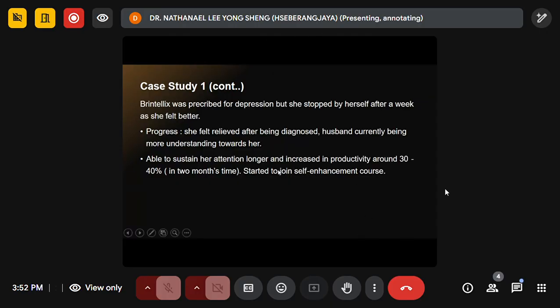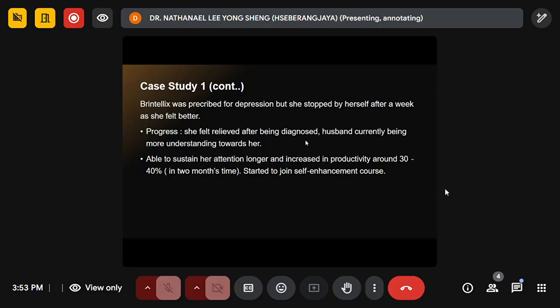And she also told me that she started to join some self-enhancement courses online. As she is a full-time housewife, she still has to take care of her young children, so she can only join some online courses, but she feels very motivated, and she even called her housework a project, because she said she recently has a project to be done to tidy up the house, because it appeared to be very messy, and now she finally has gained some motivation and is able to sustain her attention longer.